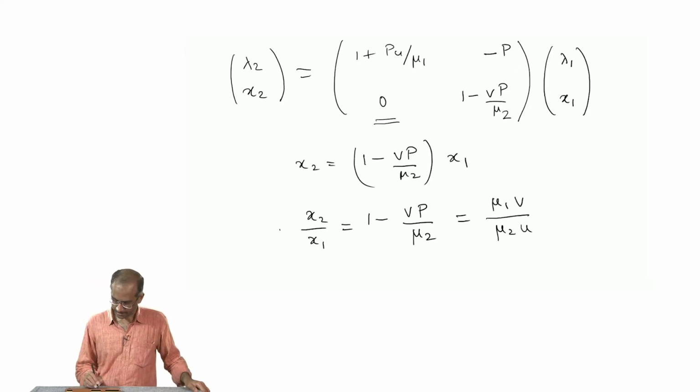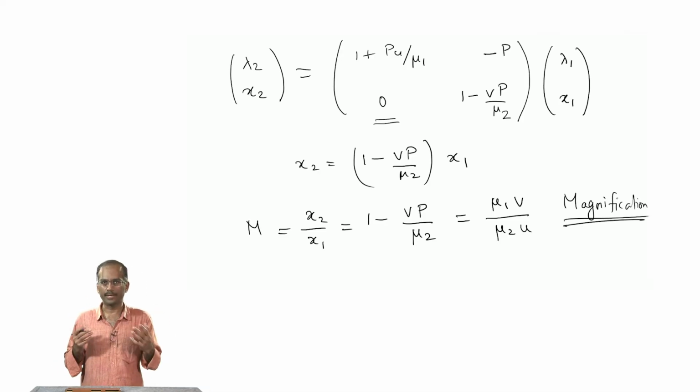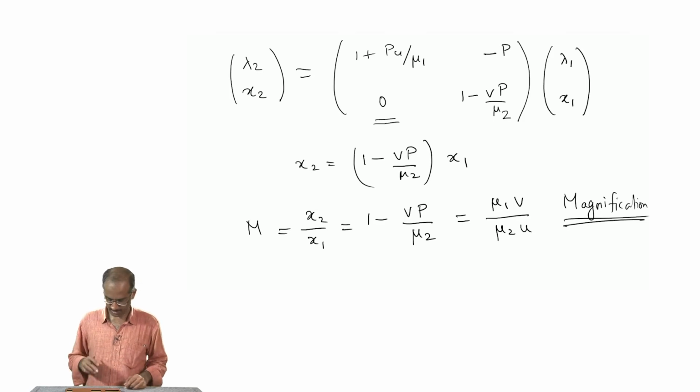So, this is my magnification. Clearly, if both the media are same, mu 1 and mu 2 would be same, they would cancel off, and it is simply the distance of the image divided by the distance of the object, a familiar formula that you would have seen earlier.